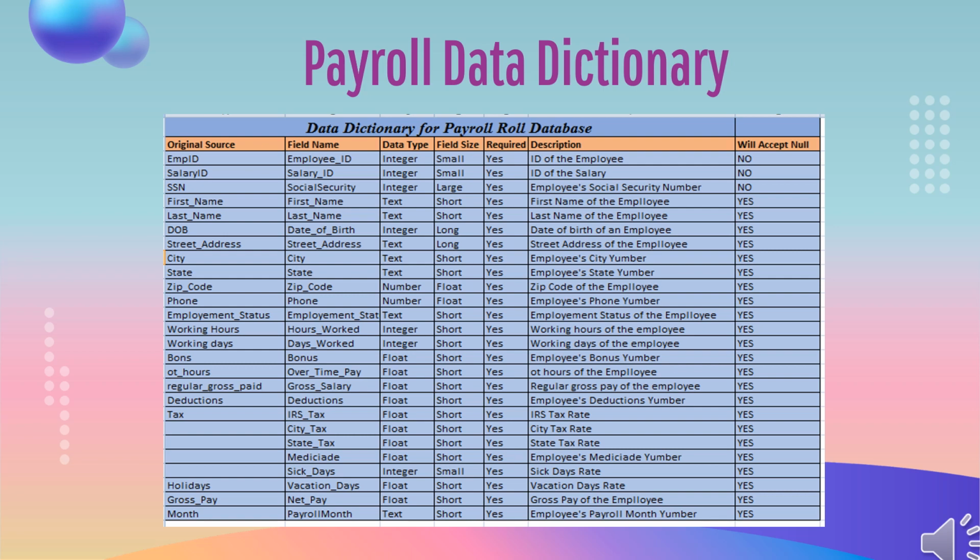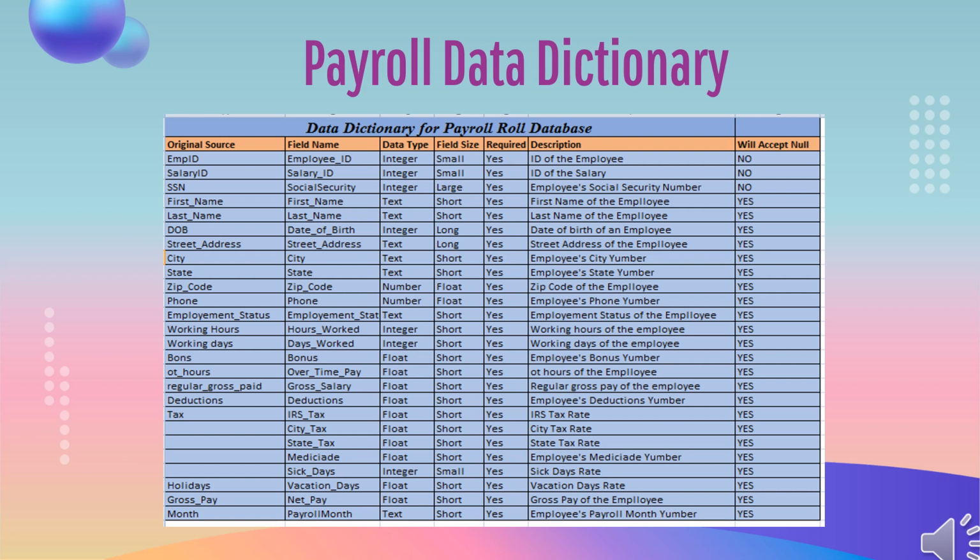The first one we have is employee ID, and the field name is employee_ID. We have salary ID, we have SSN, the Social Security number. We have first name, first_name.